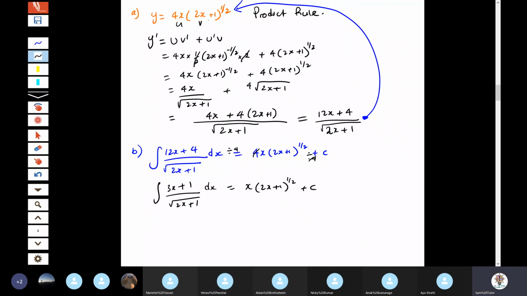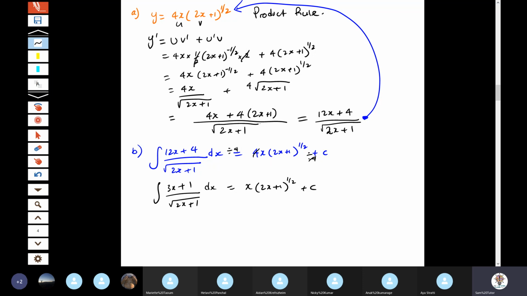Before I do that, do you understand what's happening with the antiderivative, which is the integral, and the derivative itself and how they're related? Yeah, that it's making sense like that? Okay.